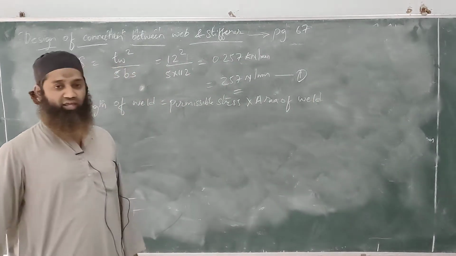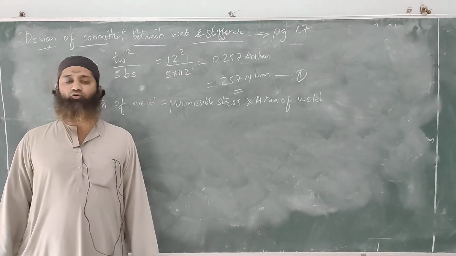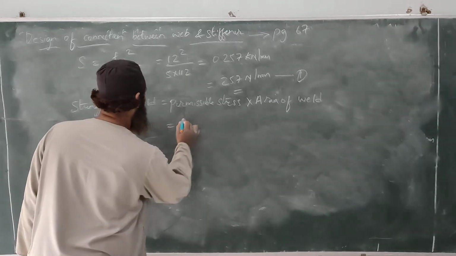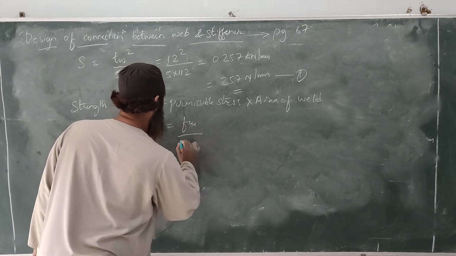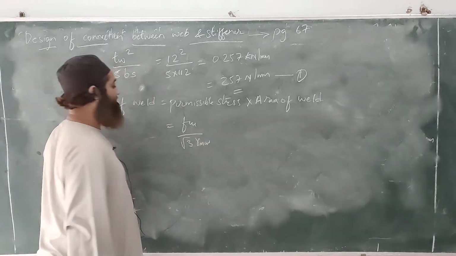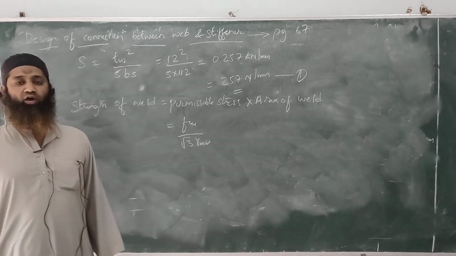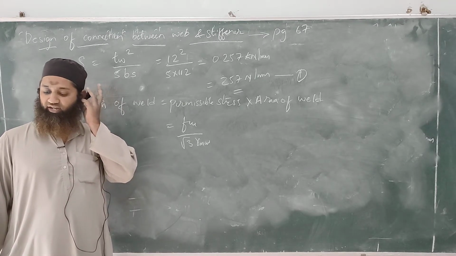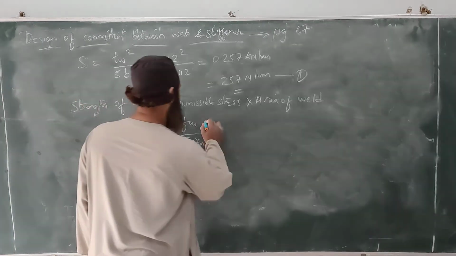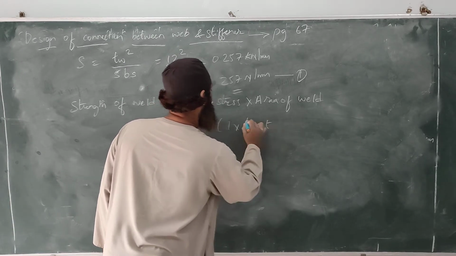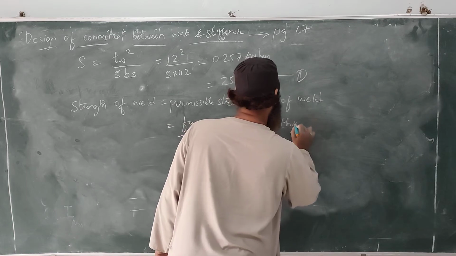Permissible stress is fu by root 3 into gamma mw. Fu is the ultimate stress, which is taken as 410. This is 1 into throat thickness.